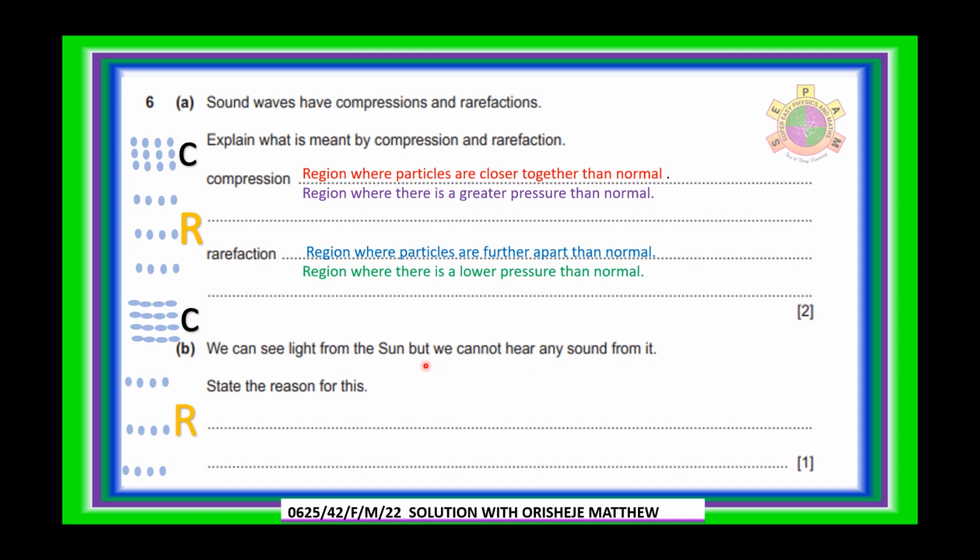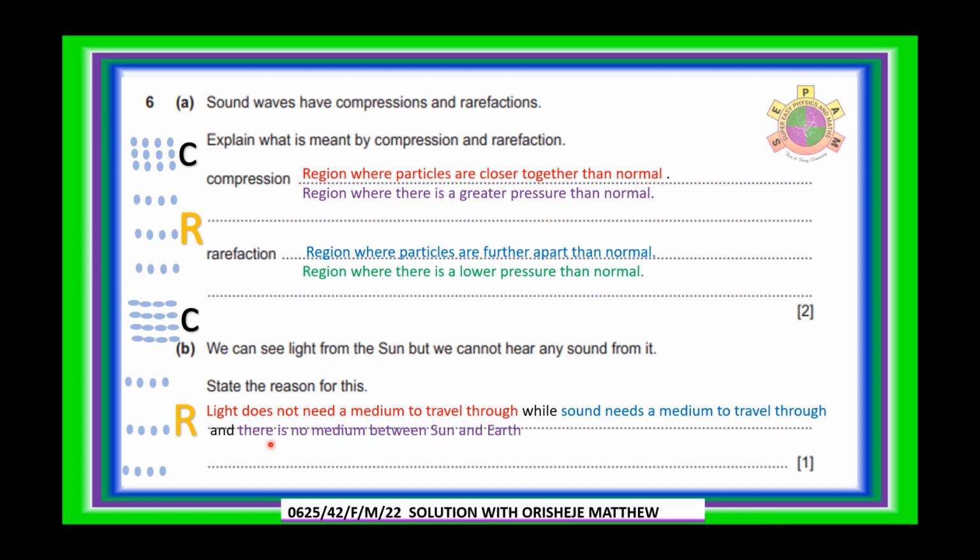So that is why sound cannot be propagated through space, and that's why astronauts have to use a radio for communication. Light does not need a medium to travel through, while sound needs a medium to travel through. There is no medium between the sun and earth, so that's why we cannot hear sound in space.